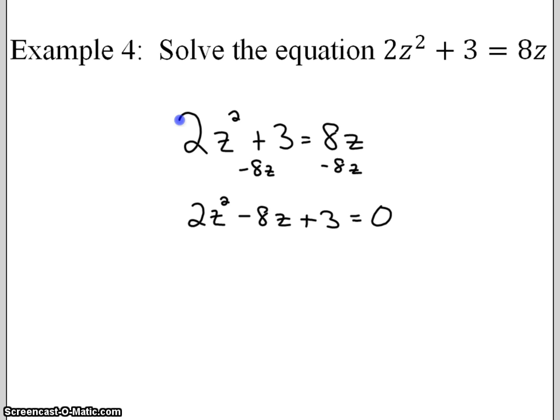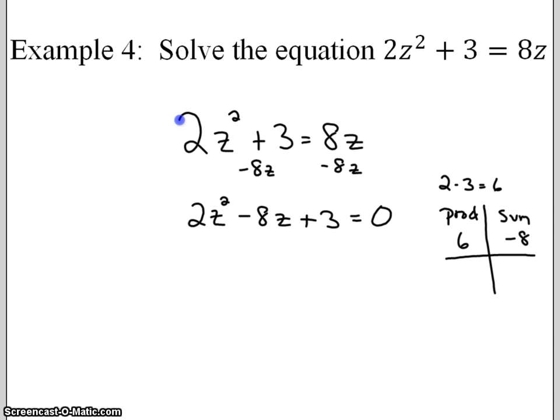Now, you should always see if you can actually factor this, and one way to do this is to multiply the first times the last. So the leading coefficient, 2, times the constant, 3, is 6. And then see if you can find two numbers whose product is 6 and whose sum is the middle coefficient, negative 8.